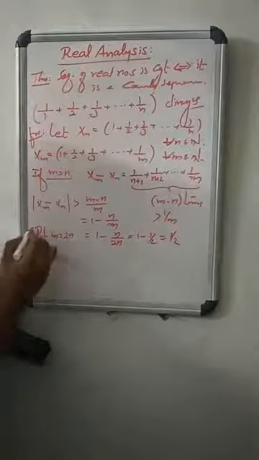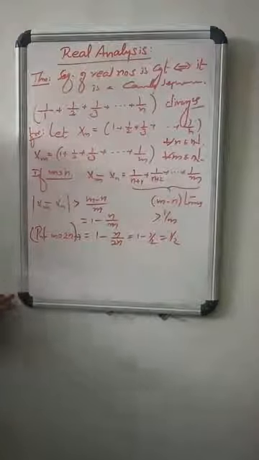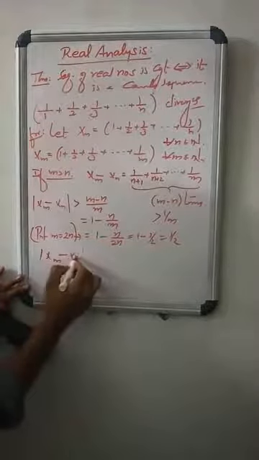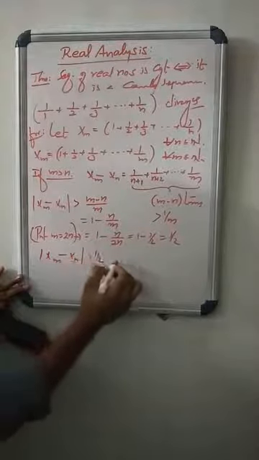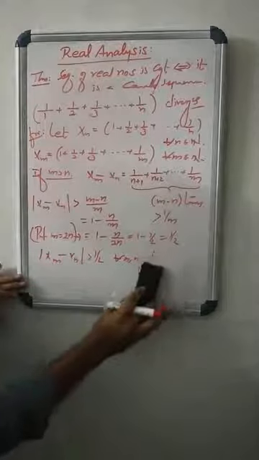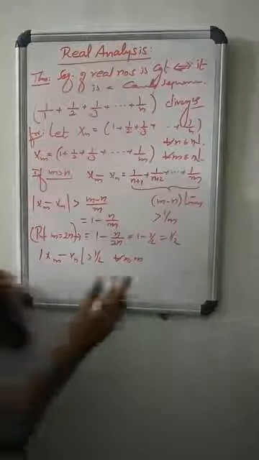So modulus of xm minus xn is greater than 1 by 2 for all n, m in N.